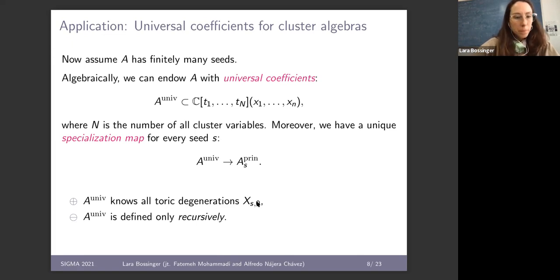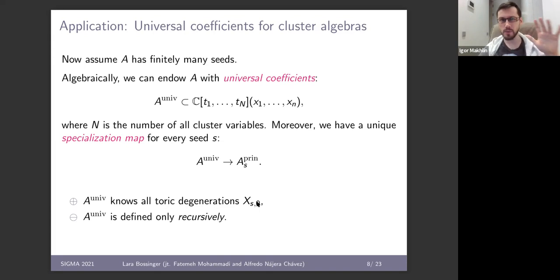Sorry, maybe a silly question. You said that the algebra with universal coefficients covers all the algebras with principal coefficients. What degree of freedom did we have when defining the principal coefficients construction? You say there are many different ones. Where do we get different ones from? Sure, yeah.